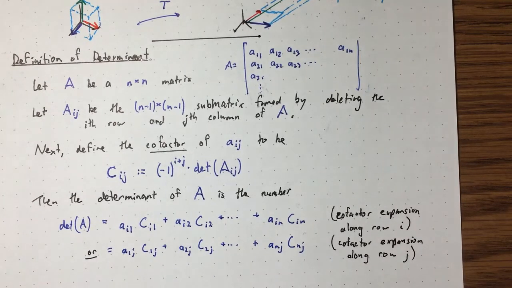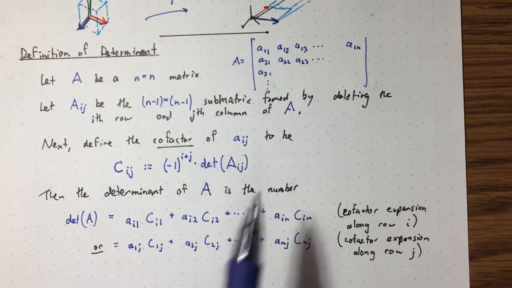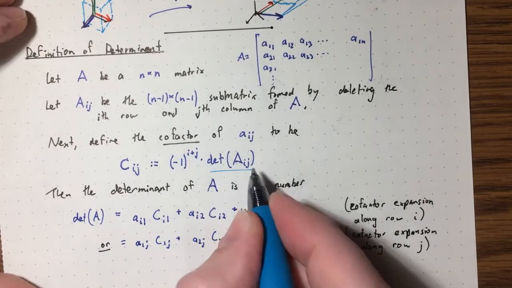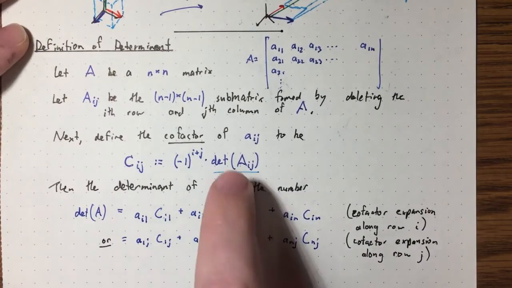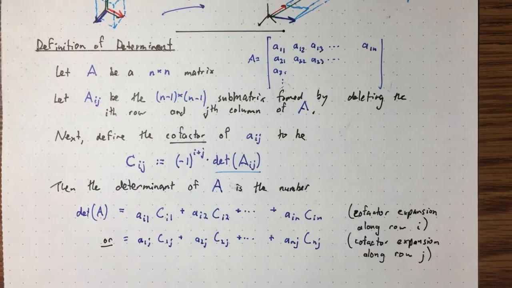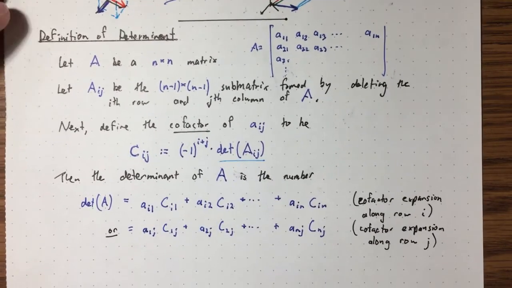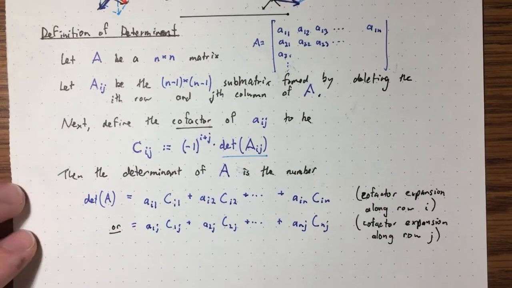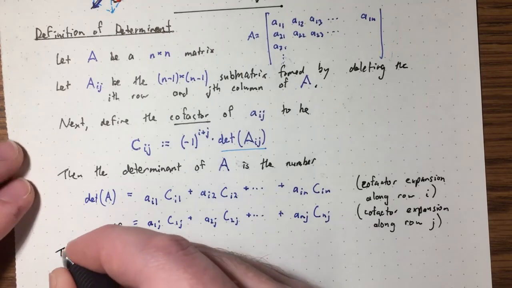Okay. So first of all, let me address this issue. Why is this not a circular definition? Well, it's because this is the determinant of a matrix that's one dimension smaller. So you recursively apply this procedure until you just get down to 1 by 1 matrices. Remember, we need a base case for recursion.